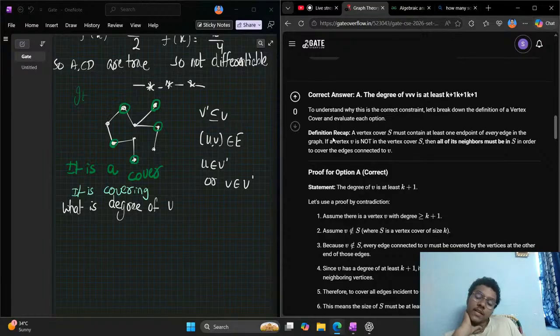A vertex cover S must contain at least one endpoint of every edge in the graph.